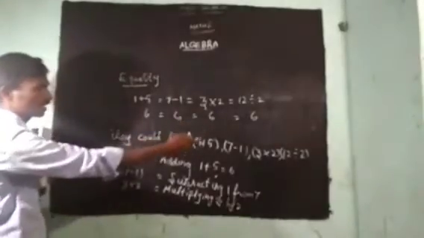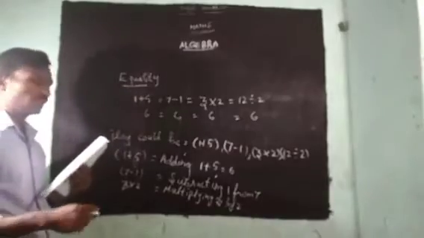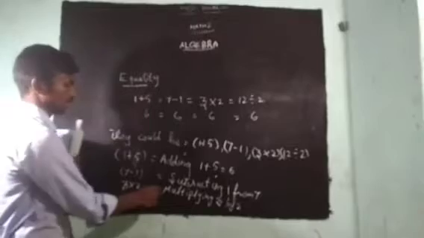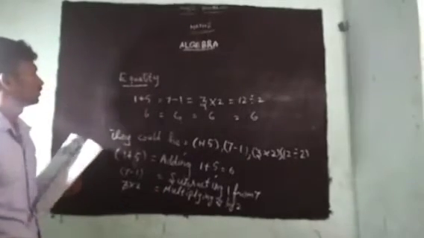And what is the last expression? 12 divided by 2. What are we doing? We are dividing 12 by 2. That is the thing. It is called an equality.